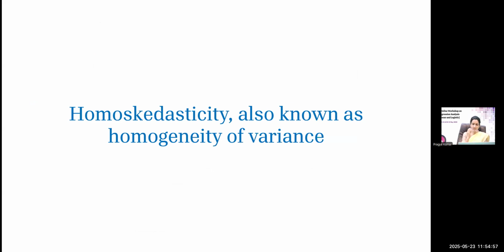Variance, if you can recall the concept of variance, we understood it in the case of an independent sample t-test. Remember what test we used to check for the homogeneity of variance? Yes, all of you please type in the chat box. In the case of an independent sample t-test, what test do we perform? Yes, Levene's test.